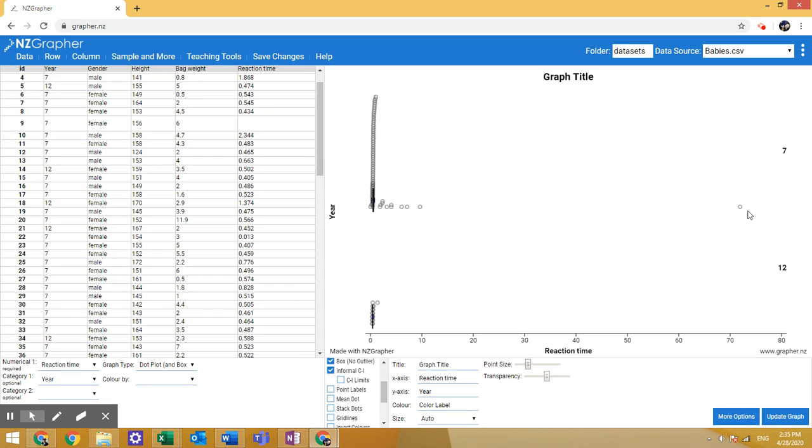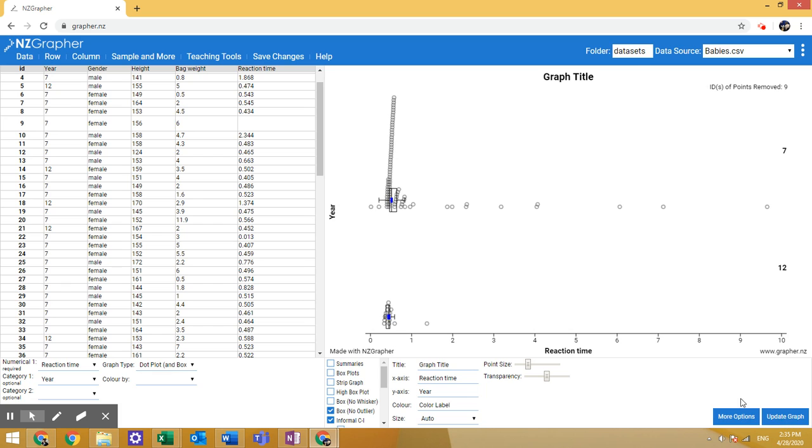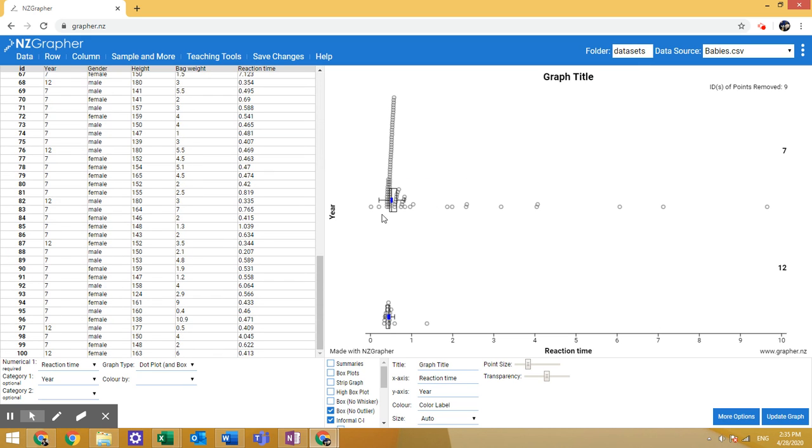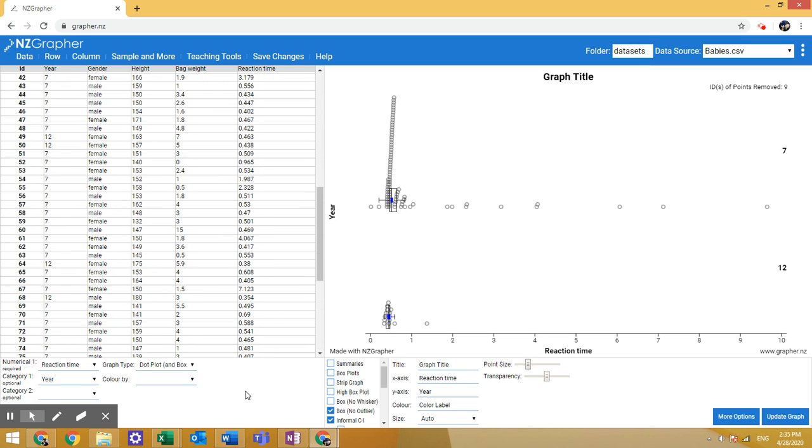So even though I removed this person, okay. Oh, okay, so now there we go. Removing that person has in fact given me a much different graph. It's still very squished. It's still got all these weird people out here, and that information's hiding away.